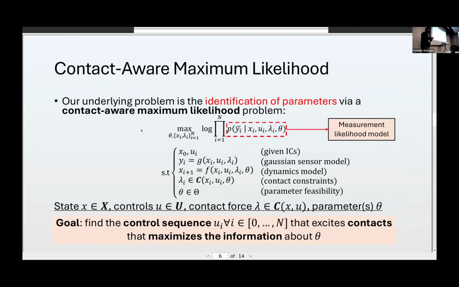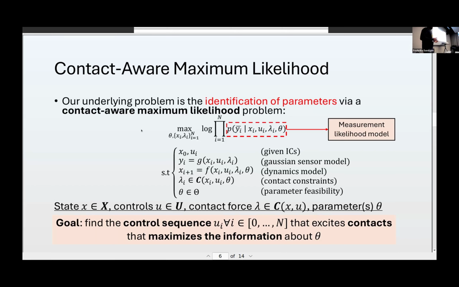So we first would like to address the underlying problem, which is the context-aware maximum likelihood problem, where we would like to maximize the log likelihood function, where our likelihood function is a measurement likelihood model of some output of a sensor. So this captures the variance of our sensor, and we constrain this to physics. So our initial conditions, our sensor model, our dynamics model, and our context model, where X is states, controls are U, context force are lambda, and the parameters that we want to estimate is theta.